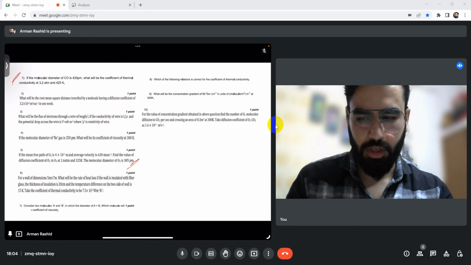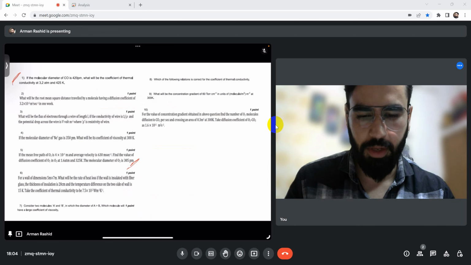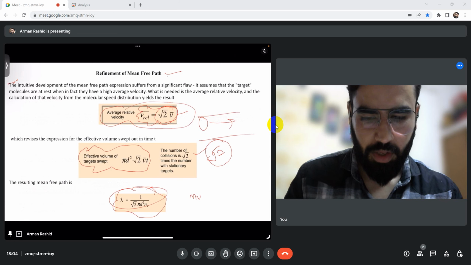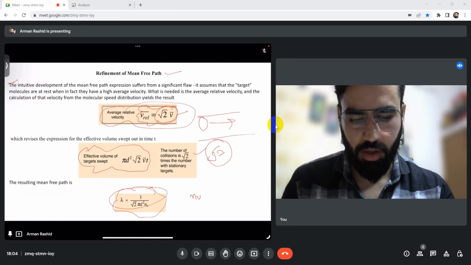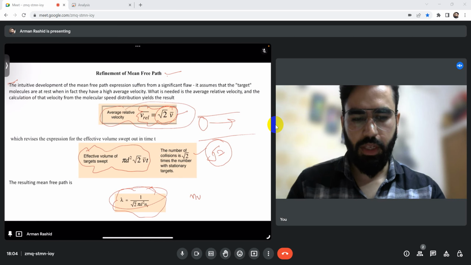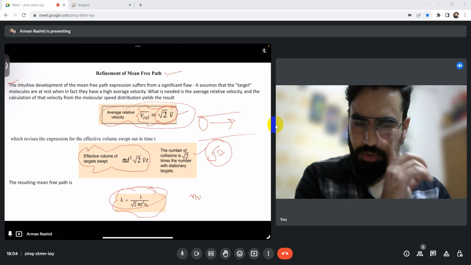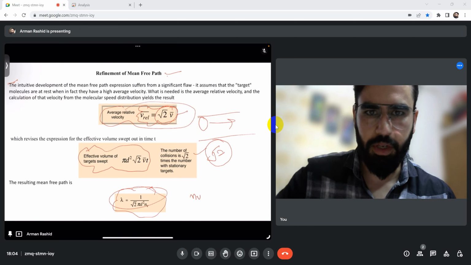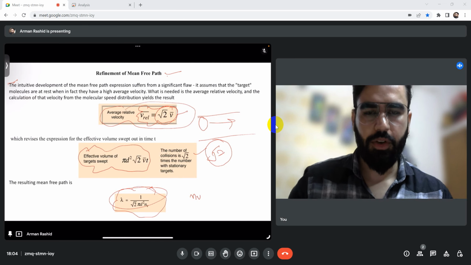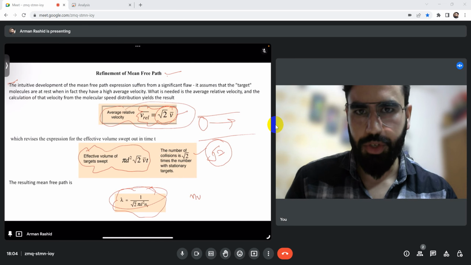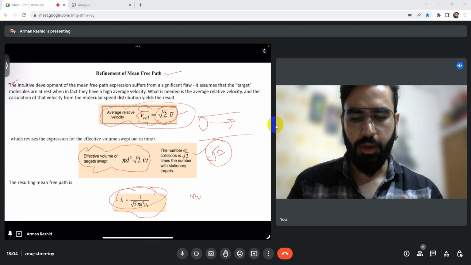In session 4, these are the topics that I revised briefly. First is the refinement of the mean free path, because we were calculating the diffusion coefficient, which is related to the mean free path. We calculated it using the average speed, which is not actually correct, so we have to use the relative speed, because the gas molecules are always in random motion.